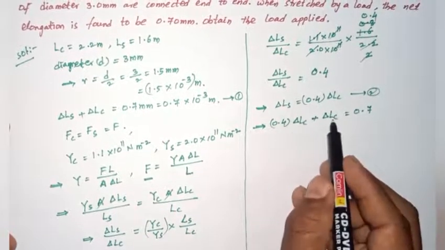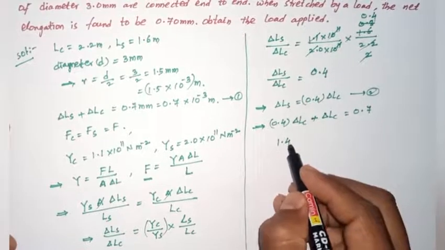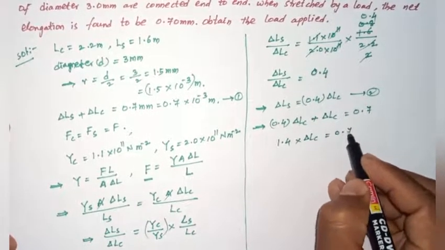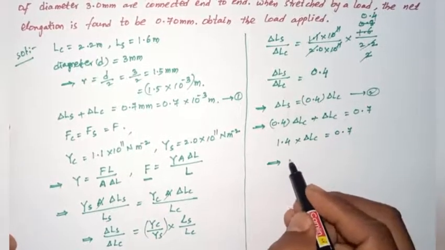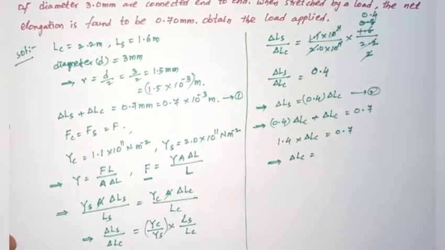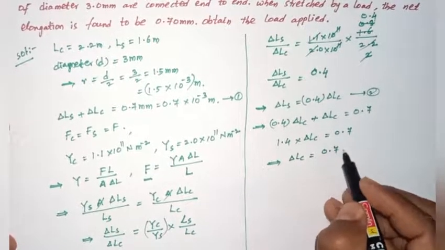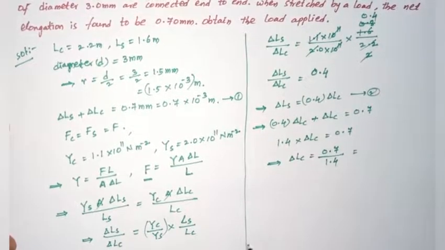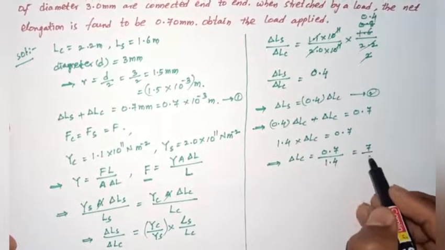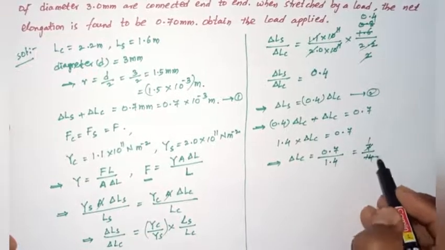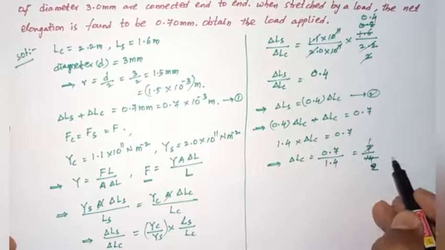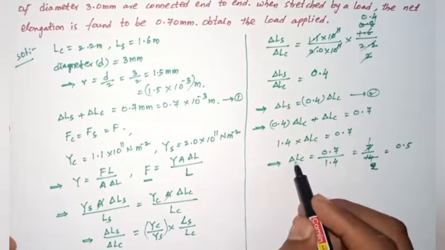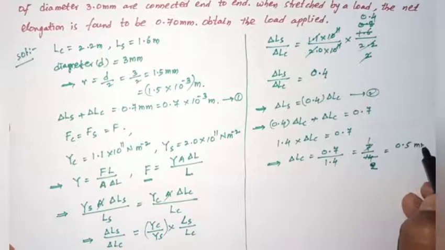So 1.4 into delta Lc equals 0.7, delta Lc equals 0.7 divided by 1.4, which is 0.5 millimeters.